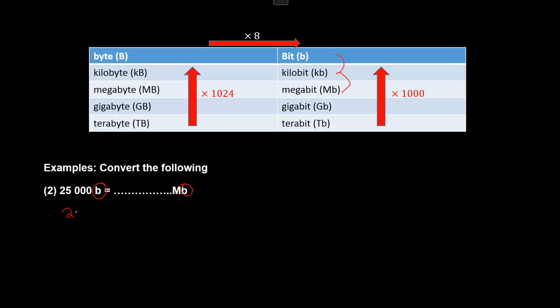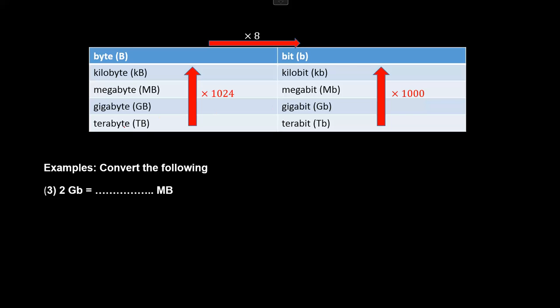So all we'll do is we'll start with our 25,000. We'll divide it by 1,000. That would convert it into kilobits, and then of course if we divide it by 1,000 again, now we're in megabits. So that gives us an answer of 0.025. So our answer is 0.025 megabits.